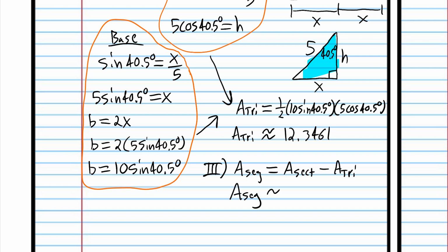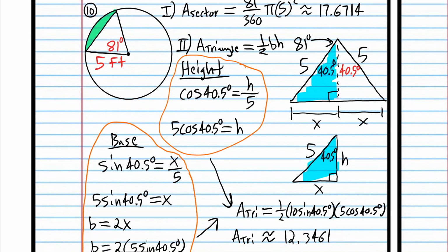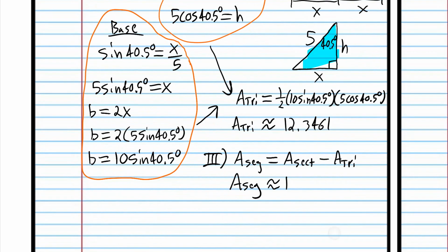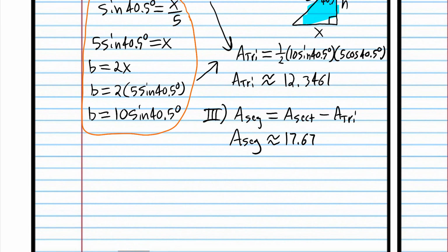So the area of the segment is approximately equal to, go up to the area of the sector, 17.6714, and then minus the area we just found, and enter that into your calculator.